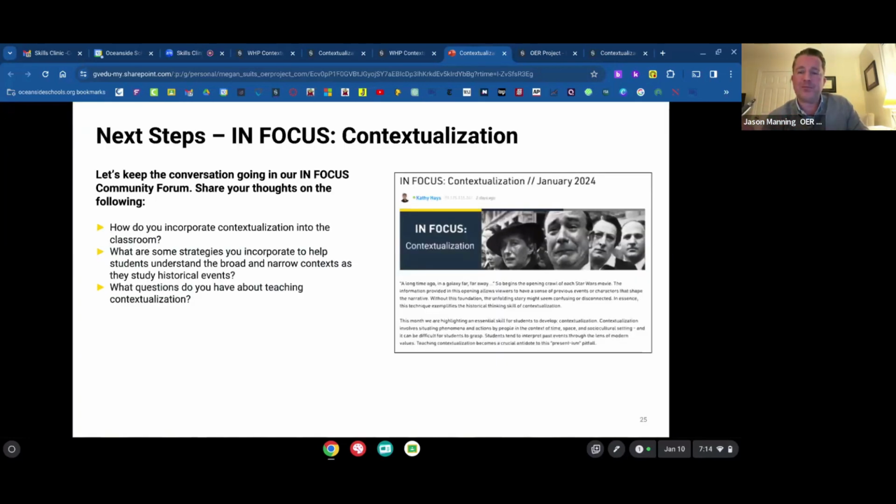In the OER community, we always have groups that focus on contextualization and have subgroups where they're bouncing back and forth lesson ideas, materials that they use, talking about different lesson material, and things that they're practicing in the classroom. So if you were to go onto the OER community and isolate your specific subject matter that you want to teach, whether it be WHP or BHP, you'll find specific conversations about contextualization within that group.